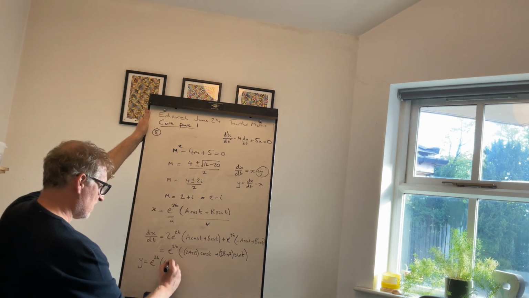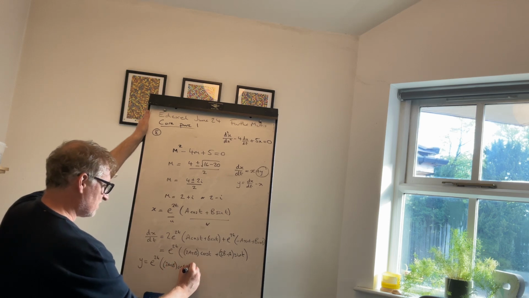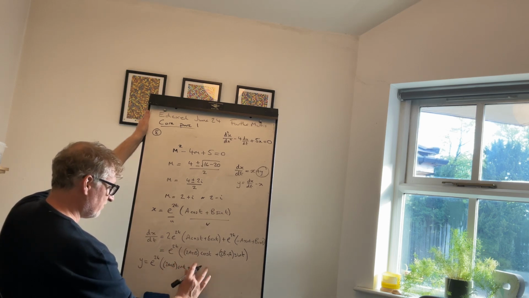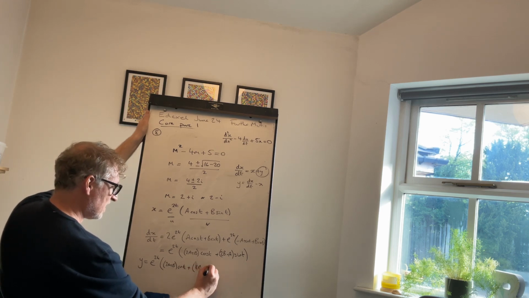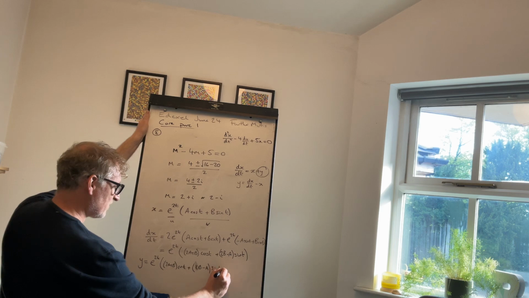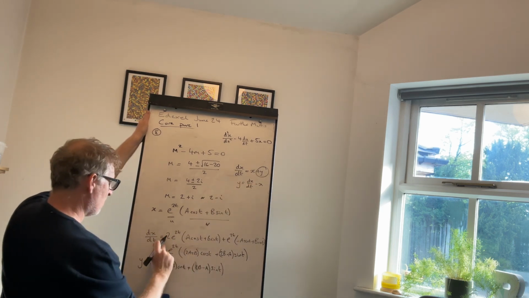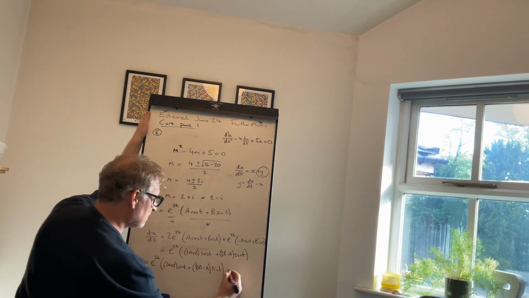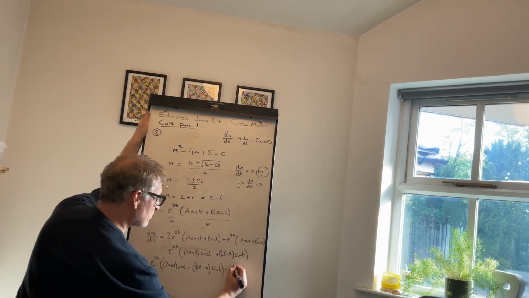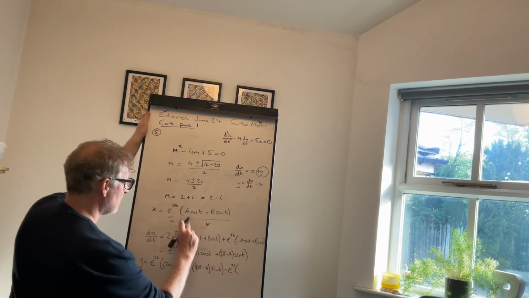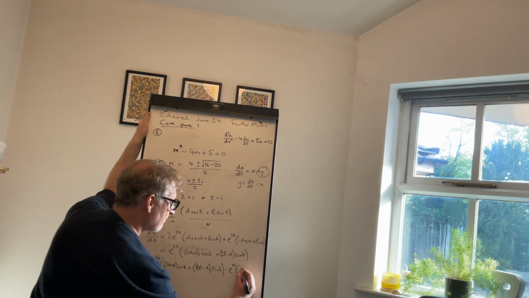So we've got (2a plus b) cos t plus (2b minus a) sin t's. So that's our dx/dt done. Minus x, so we've got a minus this. Oh dear, I'm going to run out of room, but I'll try and squeeze it in. e^t, a cos t plus b sin t.